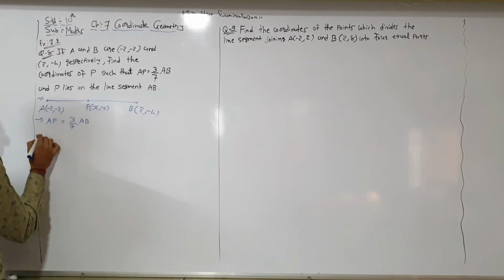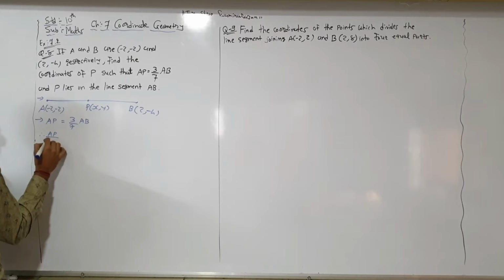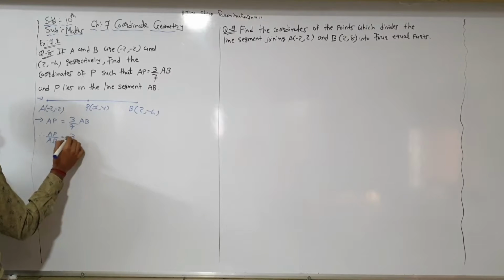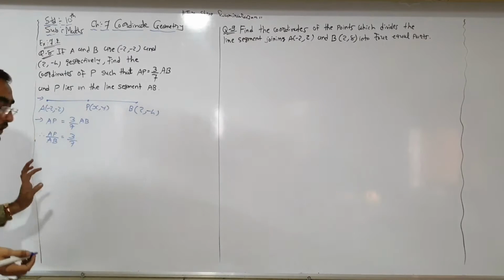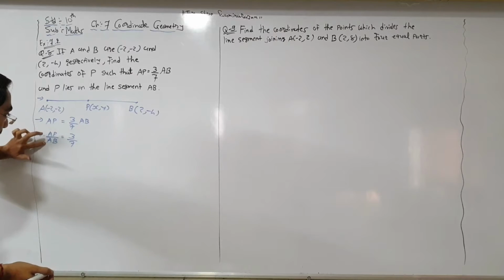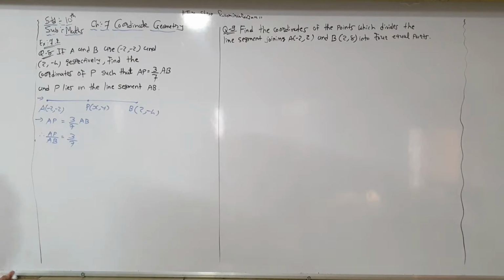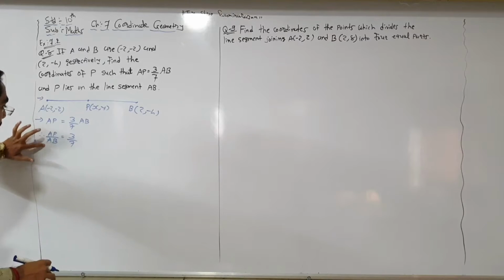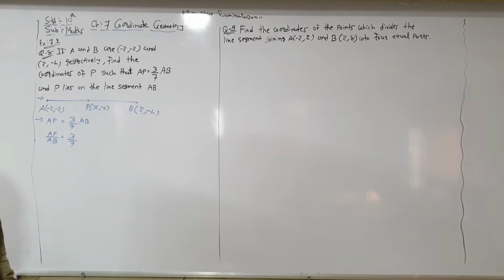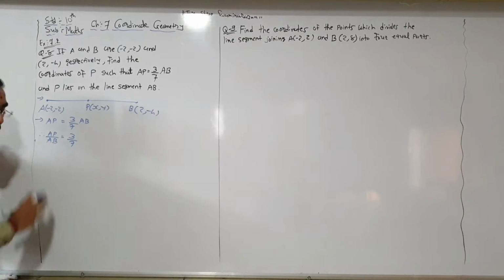Now transfer this AB here. So AP by AB is equal to 3/7. That means we have the ratio AP upon AB is equal to 3/7. Okay, this is one ratio.